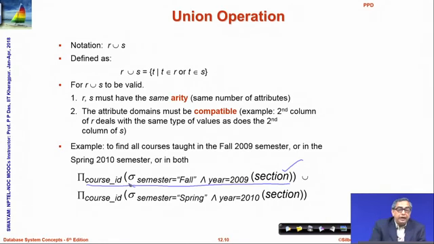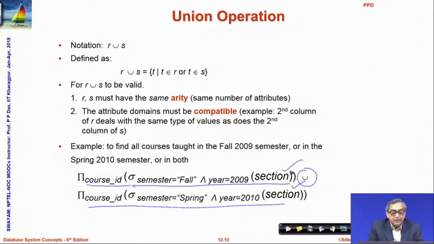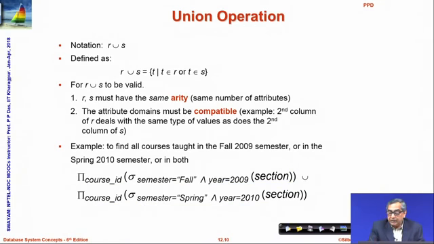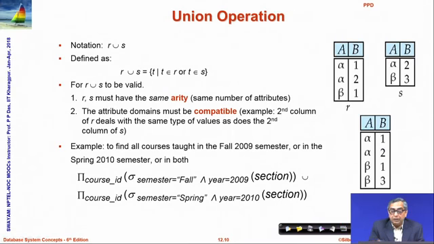We do a projection to get the IDs of those courses only, and the second row gives the courses taught in the spring 2010 semester, and we do a union to get courses that are taught either in fall 2009 or in spring 2010 or both. This is how the union is performed, and this is the earlier example repeated here.